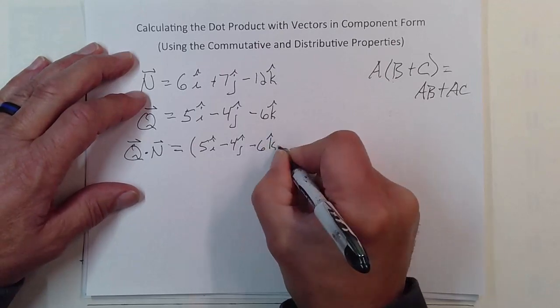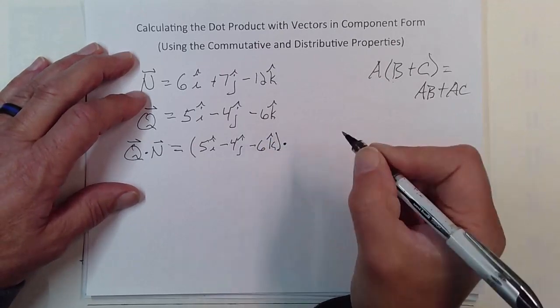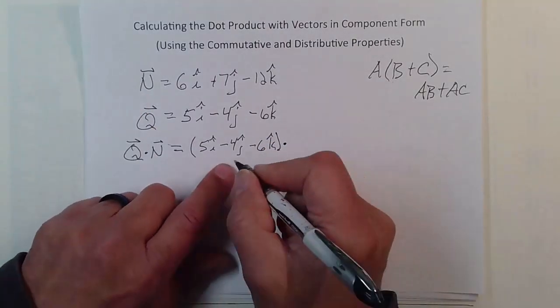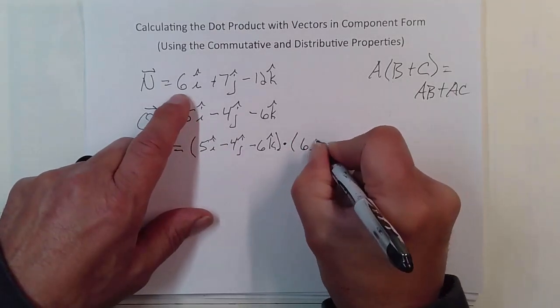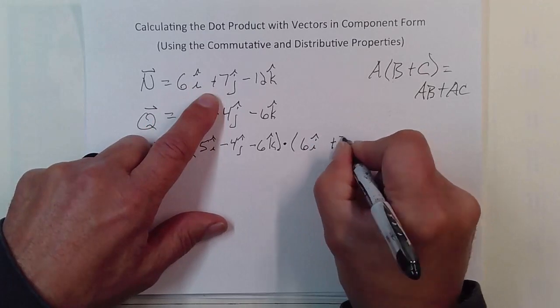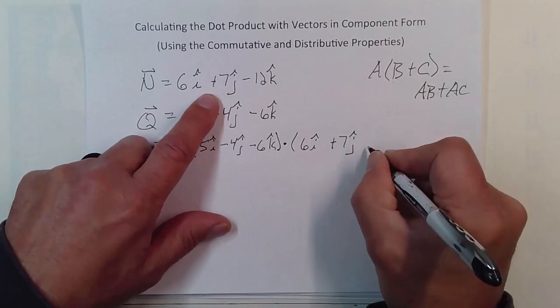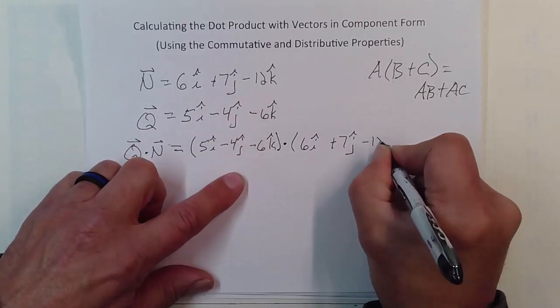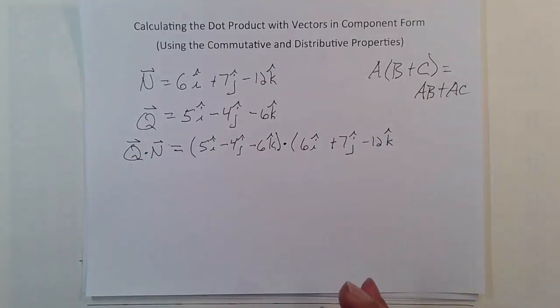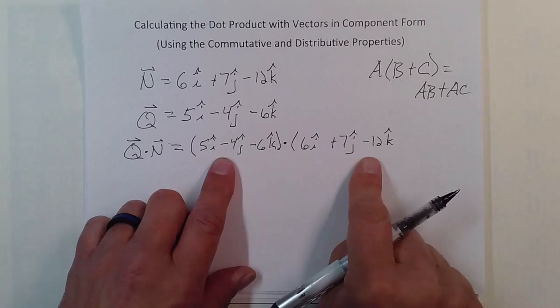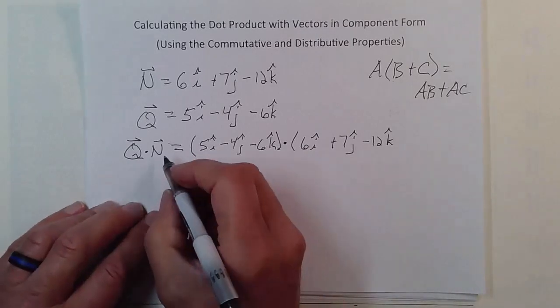This is going to be messy, so just get used to it here. There's that one, dotted with 6i hat plus 7j hat minus 12k hat. And I'm going to wrap these things individually in parentheses as I'm multiplying them together.